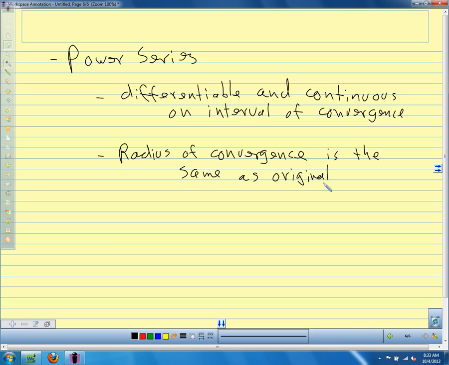So if we differentiate or integrate a power series, our radius of convergence is the same as the original. The interval of convergence may be different. The endpoints after we differentiate or integrate may converge or diverge differently than the original series.